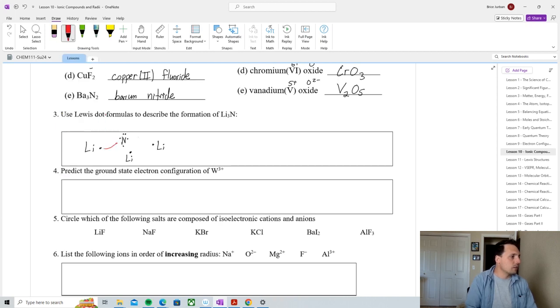All right, so these electrons are going to go here, here, and here to fill up those 2 p orbitals. That's going to then give us nitrogen, 3 minus charge, and then 3 lithiums, the 1 plus charge.